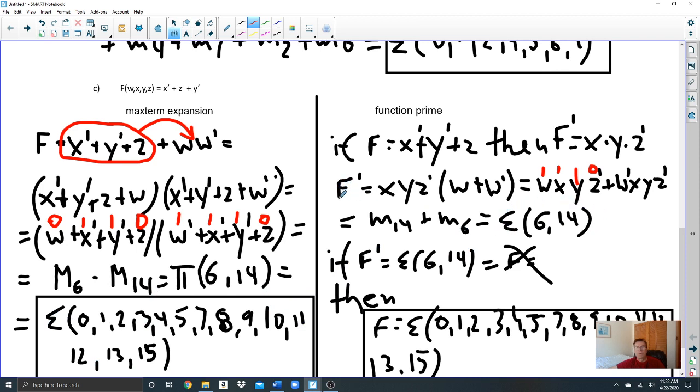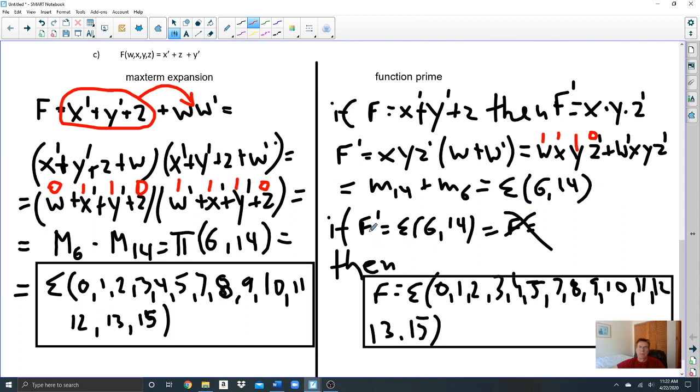So in order to revert function prime into function when you have minterms, you do the following. If f prime is the sum of minterms 6 and 14, then f is the sum of the rest of the minterms. So f prime has minterms 6, 14.